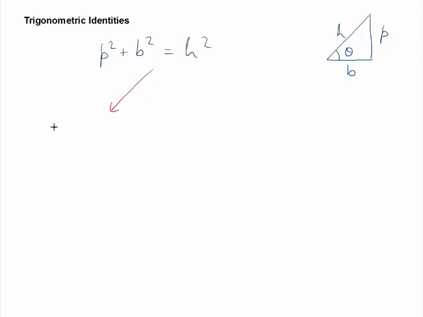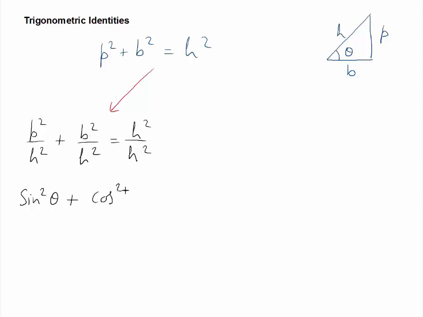So if we do so, we will get P square divided by H square plus B square divided by H square is equals to H square divided by H square. Now P by H, which is perpendicular upon hypotenuse, we know it is sine theta. So this will become sine square theta plus this is base upon hypotenuse. So this will become cos square theta equals 1.